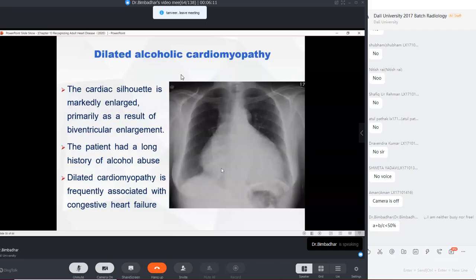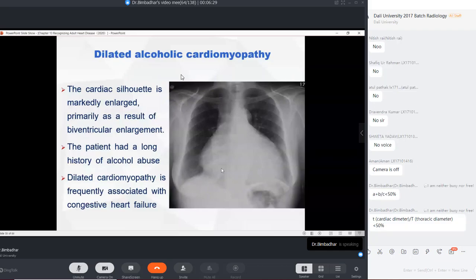Please look into your box. The explanation of the cardiothoracic ratio is there in the practical slides, so that's the reason I'm not teaching it here in detail. It should be less than 50%.